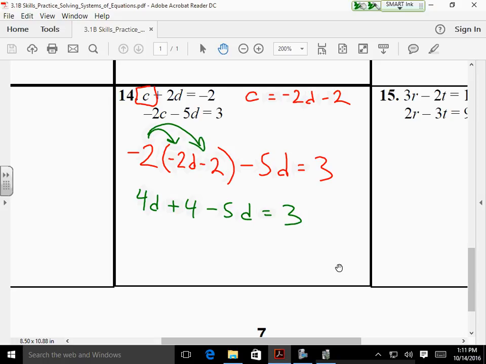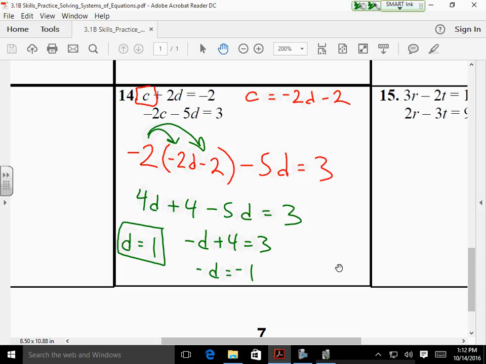Combine my like terms, I get -D plus 4 equals 3. Subtract 4 from both sides. -D is equal to -1. Multiply both sides by -1, so I have a positive D, and that'll be equal to a positive 1.